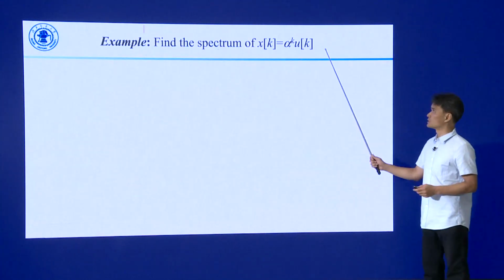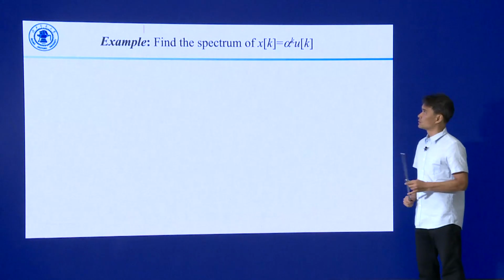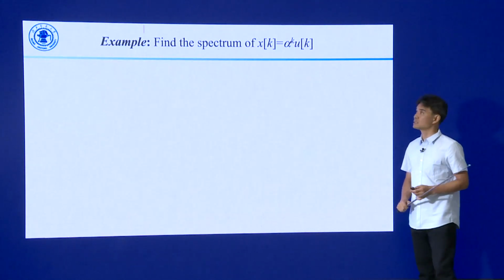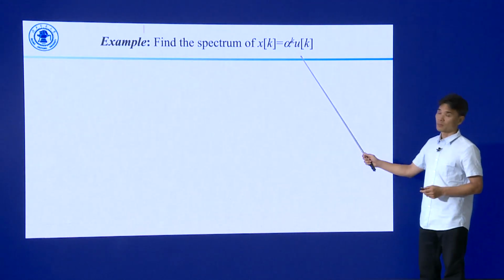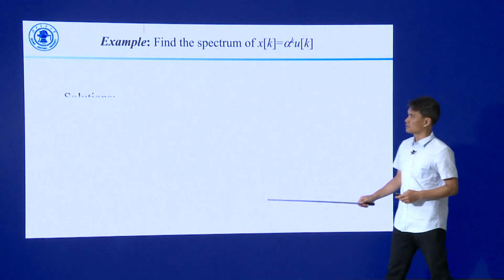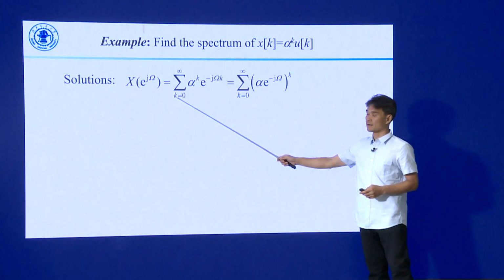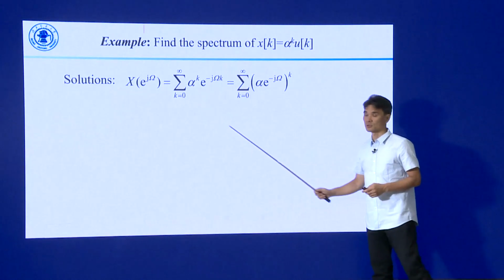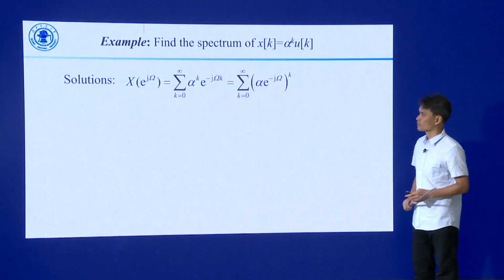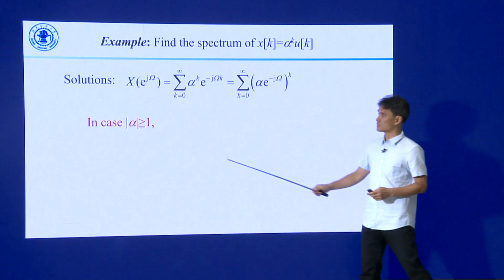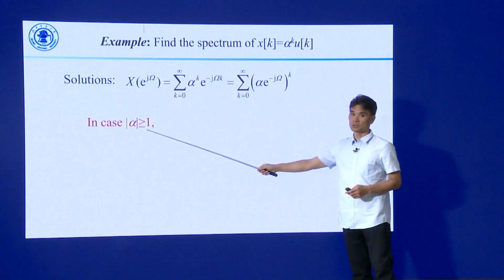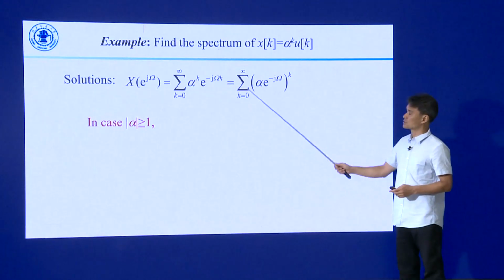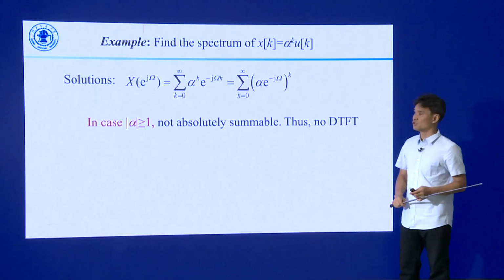The next sequence is the unilateral exponential signal with the base equal to alpha. We can again plug that sequence into the definition of the discrete time Fourier transform. In case alpha is greater than 1 or less than -1, the partial summation does not converge.